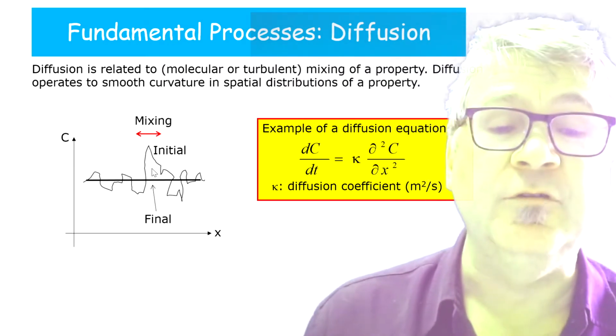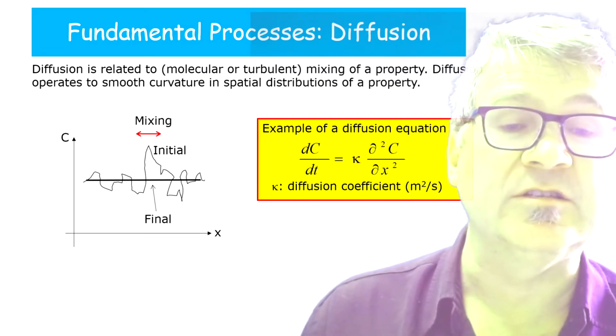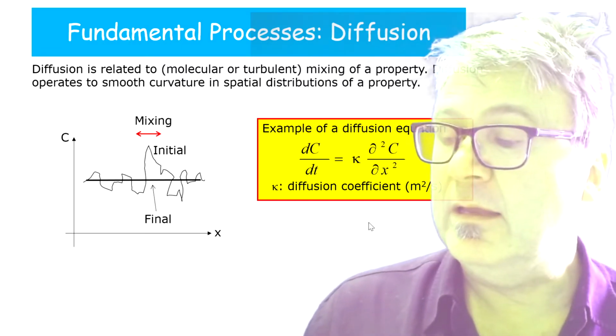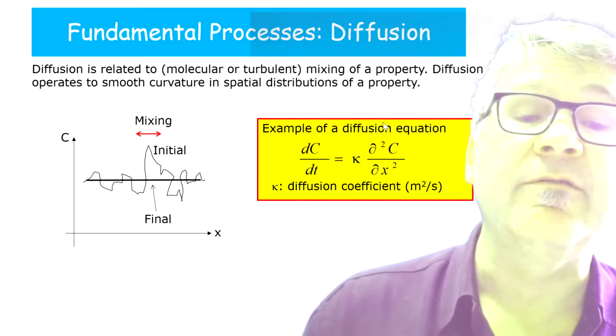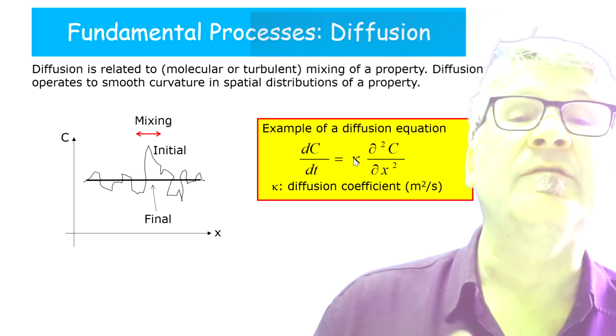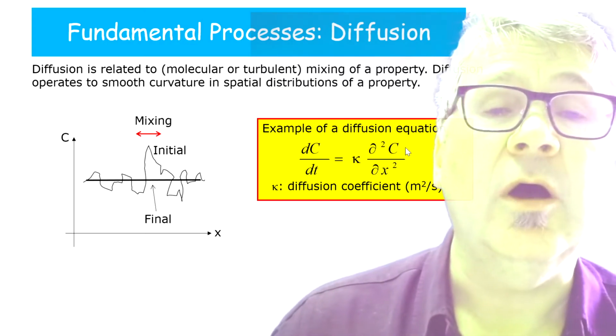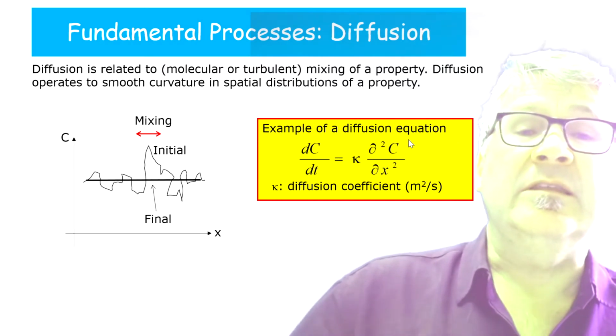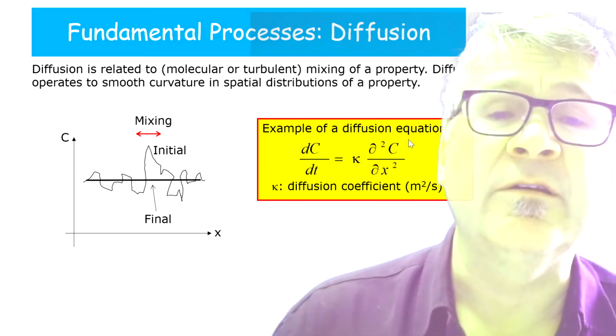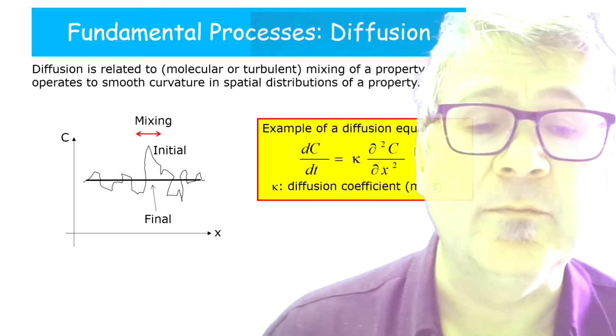That's how the diffusion term looks in this equation. This is one example here. In one dimension, it has the second derivative. The second derivative is the curvature of a property. The second derivative is the derivative of the first derivative, the slope of the slope. Okay?